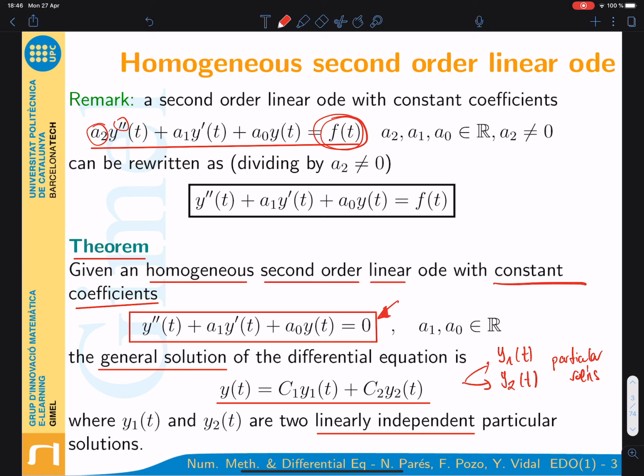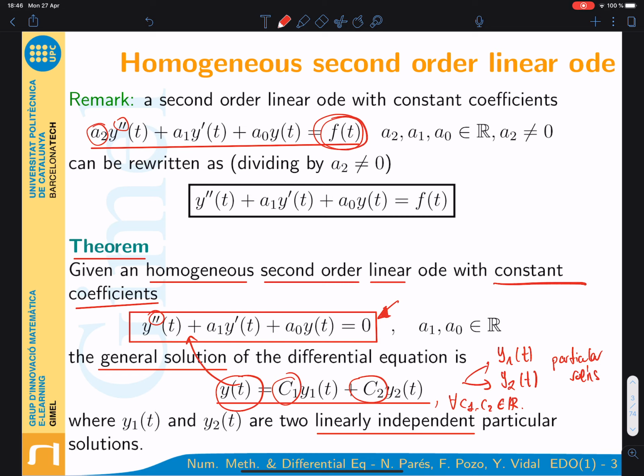Okay? This theorem is very easy to be proved. You have just to substitute y(t) in the ODE and you can verify it satisfies the ODE, so it's the solution, and it's the general solution because it's a second order ODE and it depends on two constants, C1 and C2, that can be any real value. Maybe we could have written this here.